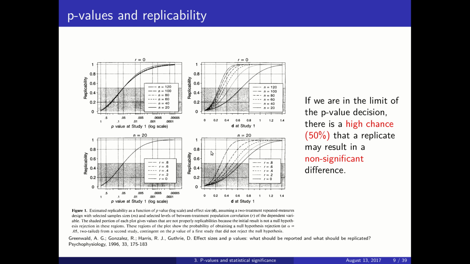So if you reject, you always reject, because the p-value is so low, here it is 10 to the minus 5, that no matter how many times you repeat the experiment, you will always reject. But if you are just at the threshold for rejection, then there is a 50% probability, and this is what this 0.5 means, that you fall on either side of the rejection.